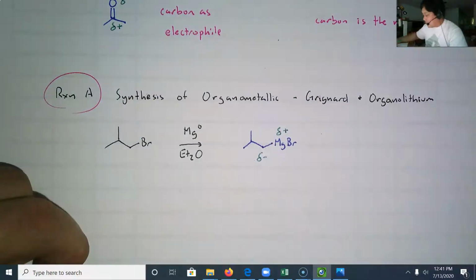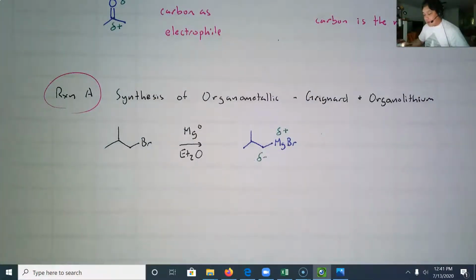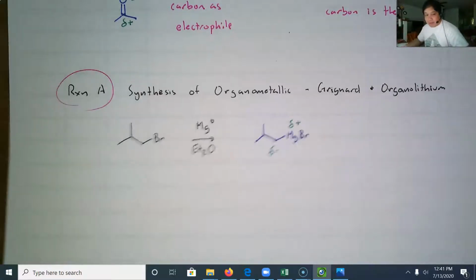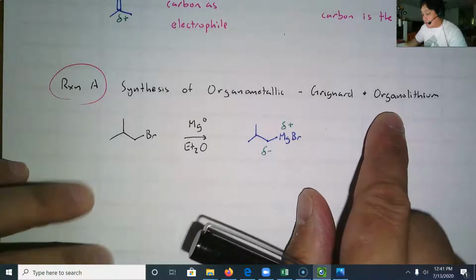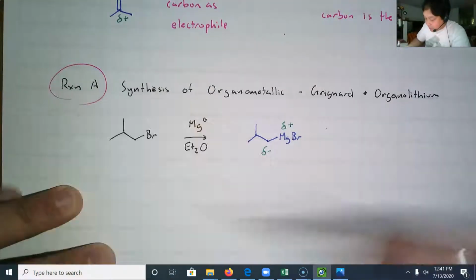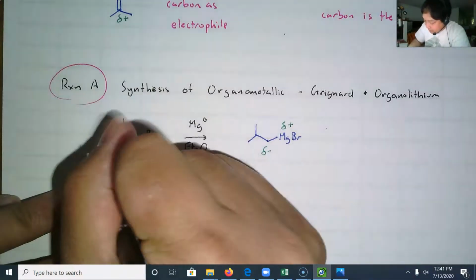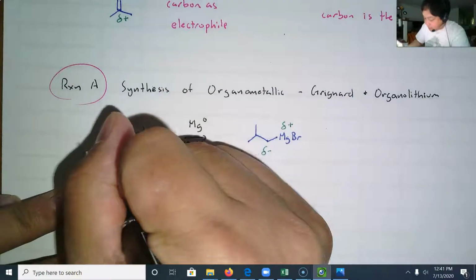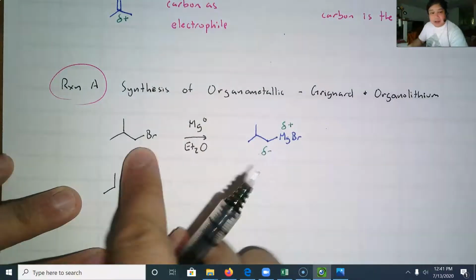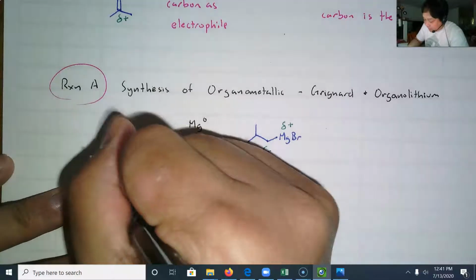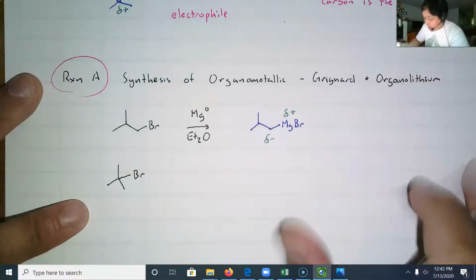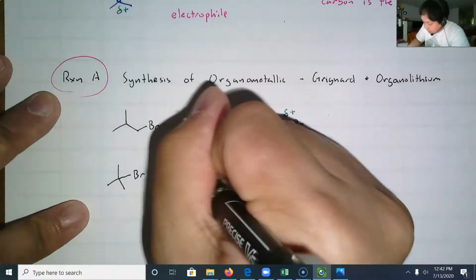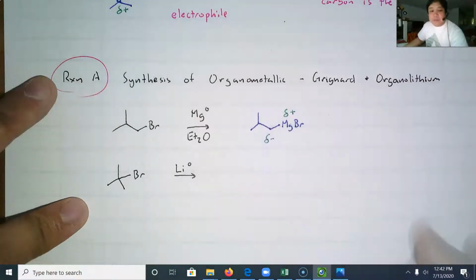Okay. Now, what's interesting about these organometallics and making them, actually, let me give you organolithium, and then I'll discuss what's very unique about these molecules. So we had a primary alkyl halide. We can also have a tertiary, and again, lithium, neutral.